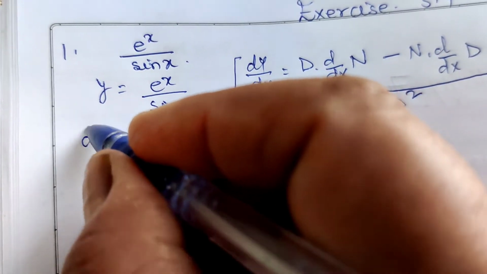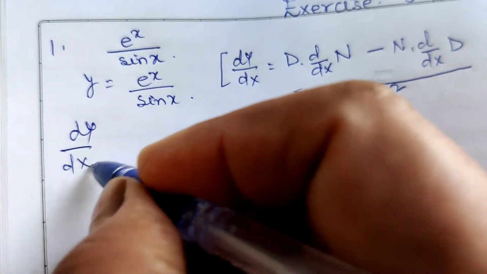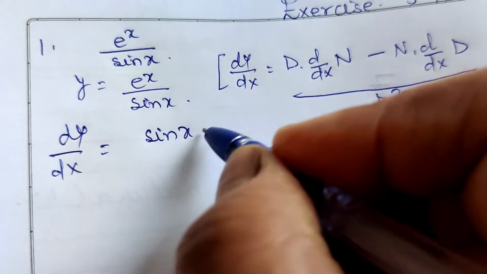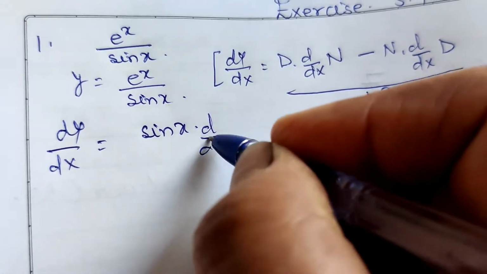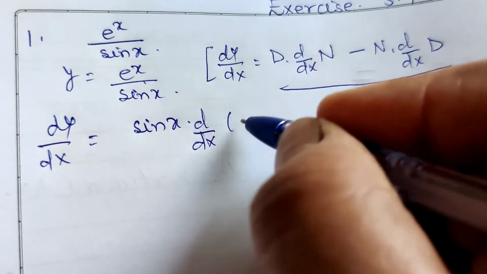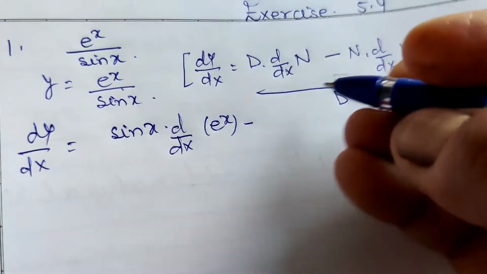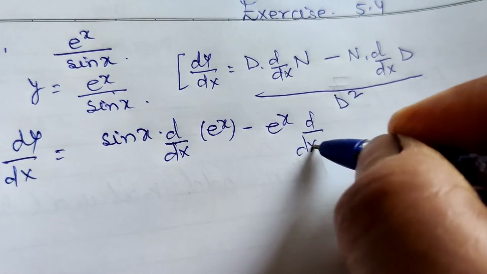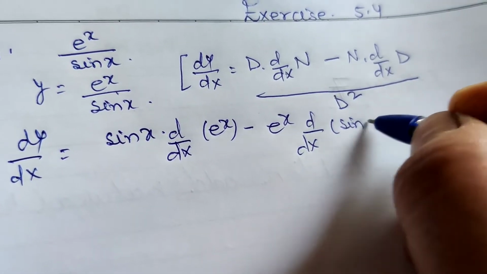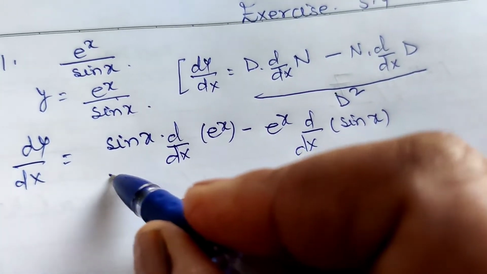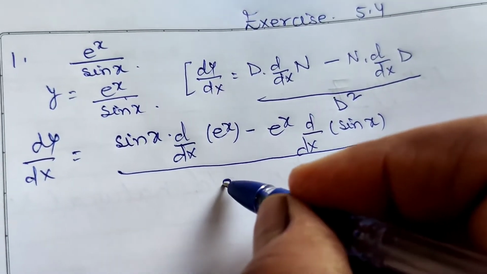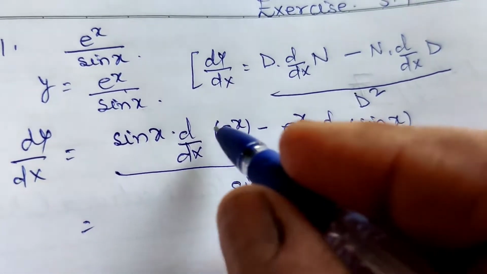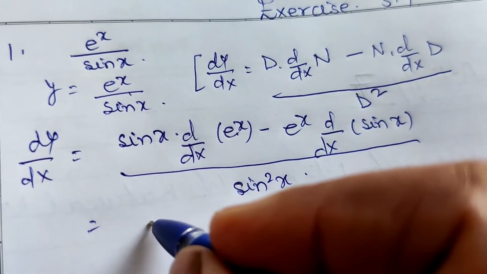Now write dy over dx. Denominator is sin x, and differentiation of numerator, numerator is e raised to power x, minus numerator and differentiation of denominator, divided by square of denominator, it is sin square x. We know that d over dx of e^x equals e^x.